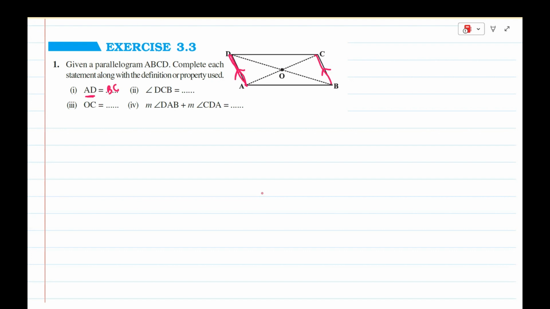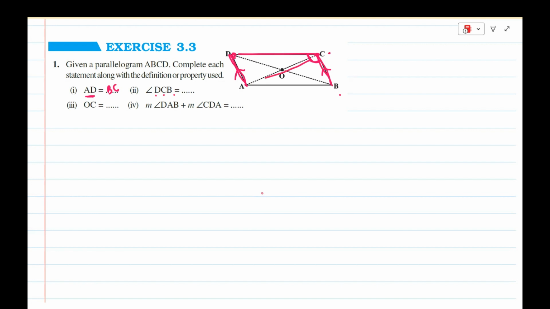Okay. Second part, it says angle DCB. So see here, starting from D, then C, this side, and then B. Means they are talking of angle C. DCB is equal to what? So the property says opposite angles of a parallelogram are equal.